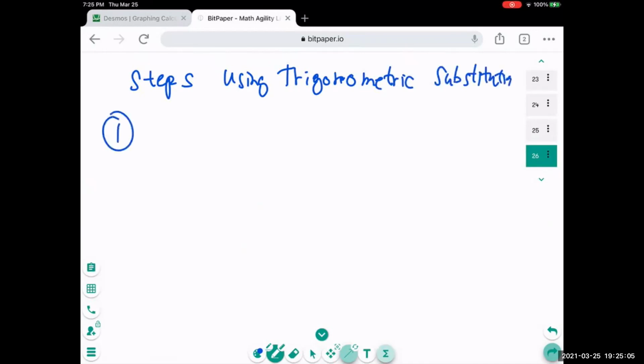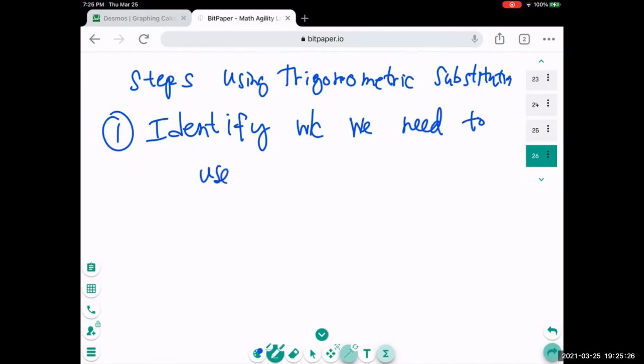So una nating ginawa ay in-identify natin yung expression kung saan siya papasok doon sa table, right? Identify which expression we need to use for the substitution.